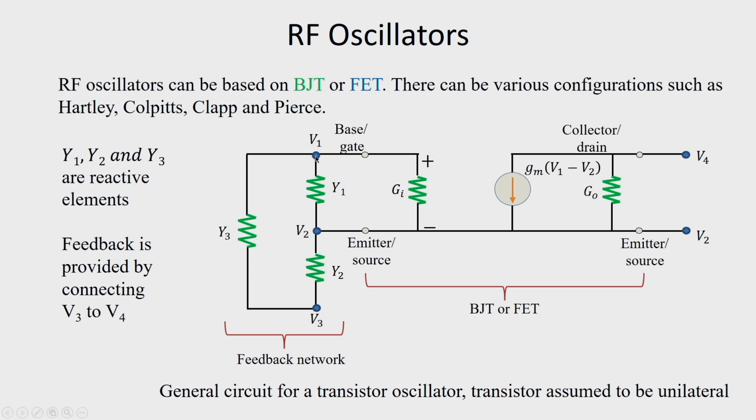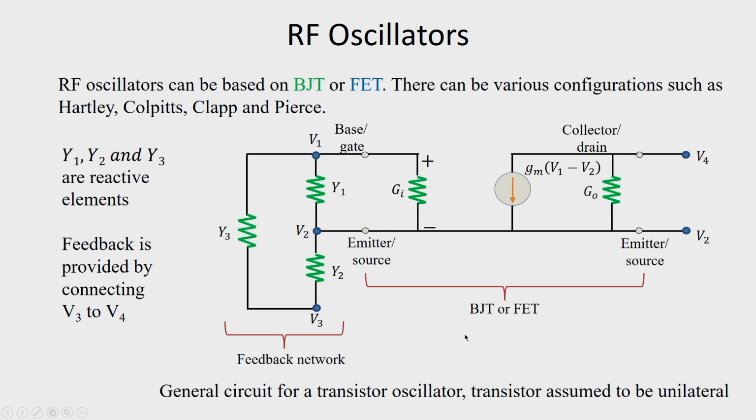If we consider this node and apply KCL, then the sum of the currents given by (V1 minus V2) into Y1, (V1 minus V2) into G I, (V1 minus V3) into Y3, must be equal to 0, and we can carry out this analysis for voltage nodes 1, 2, 3, 4.